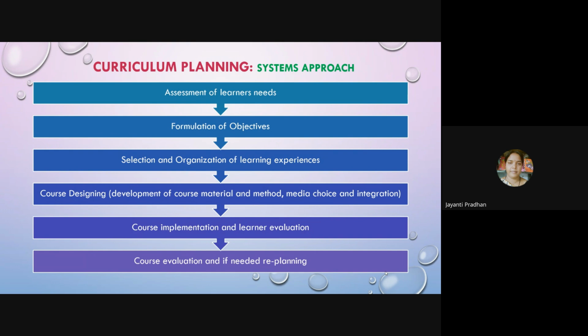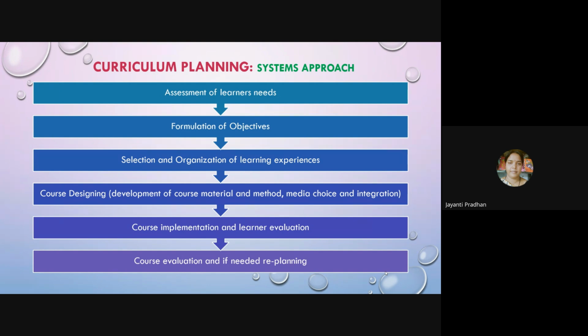What is the need for the kind of activities? Then what, then why, then how, and lastly evaluation. Those are the basic steps in a systematic approach. So here in curriculum planning, in the systems approach, the first step is assessment of learners' needs.